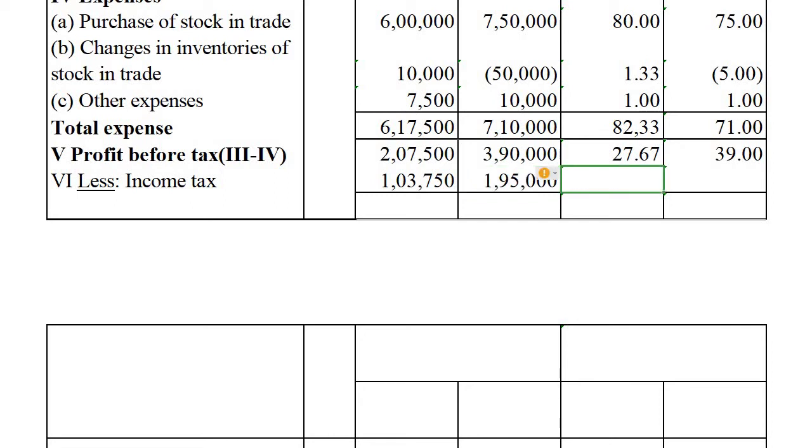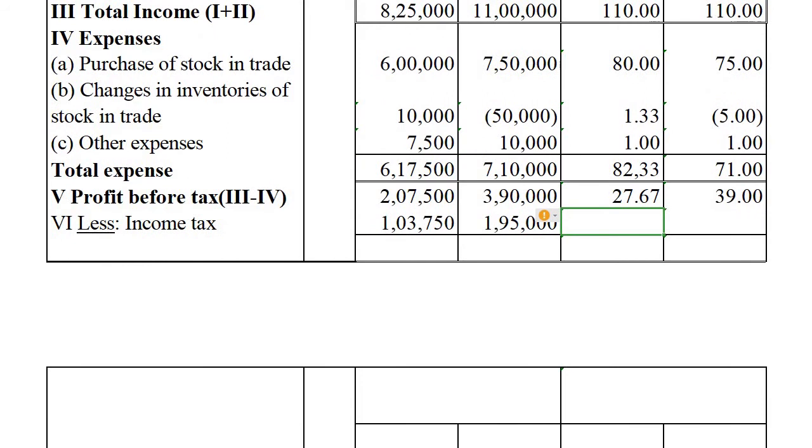Percentage we can consider 1,03,750 divided by 7,50,000. Okay, so we will get 13.83% and 19.50%. So 50% of the profit is tax and the remaining 50% is profit after tax.